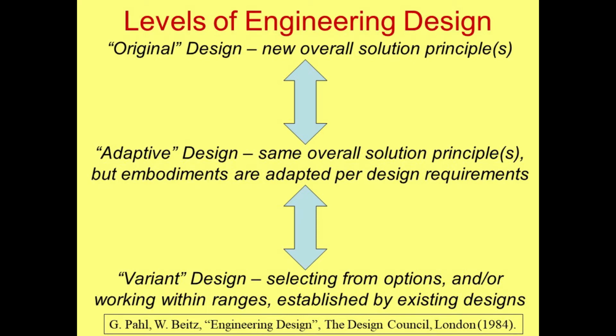Okay, so in this approach by Pahl and Beitz, we have essentially three categories. Original design refers to when the overall solution principle is fundamentally new. Adaptive design refers to when we're using an existing overall solution principle, but embodiments are adapted according to the particular design requirements.